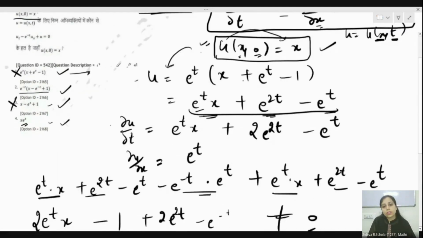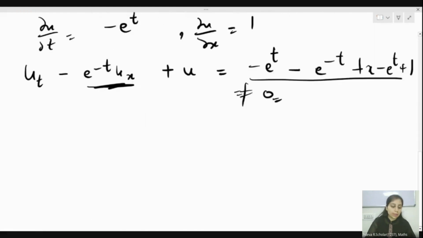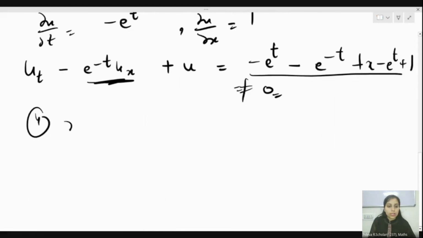For the fourth option, we can also check whether u(x,0) is x or not. Yeah, this initial condition is satisfying. Now check the derivatives, curl u upon curl t, curl u upon curl x. The fourth option is x e raised to power t. So ut is x e raised to power t, ux is e raised to power t.